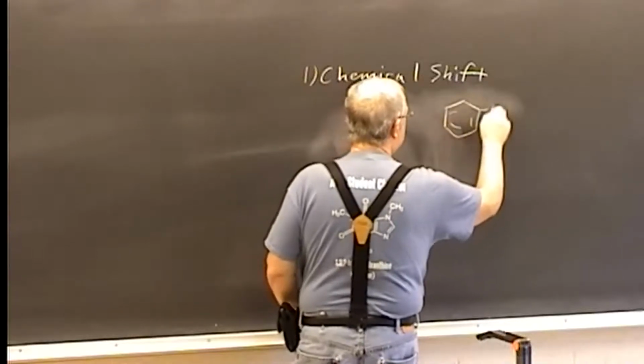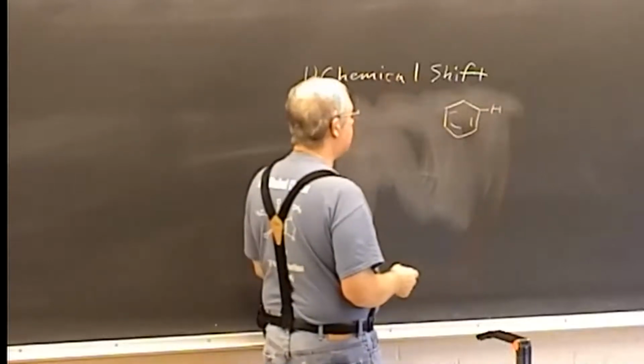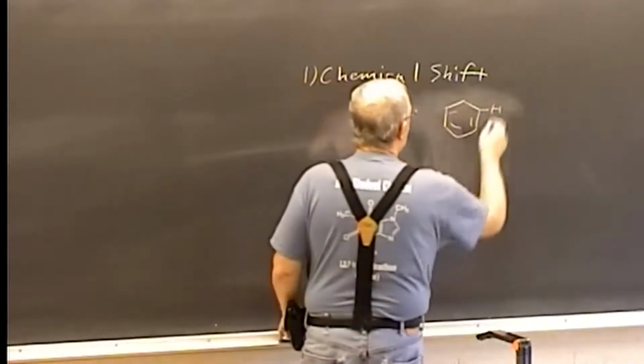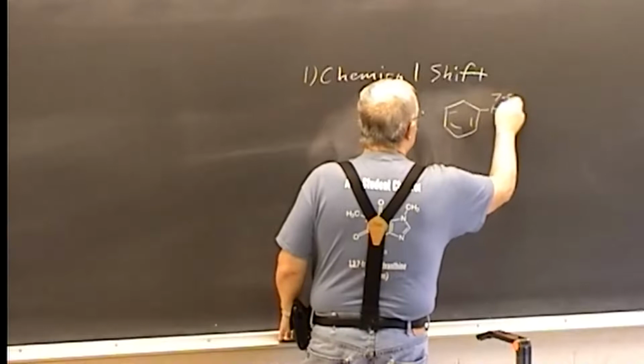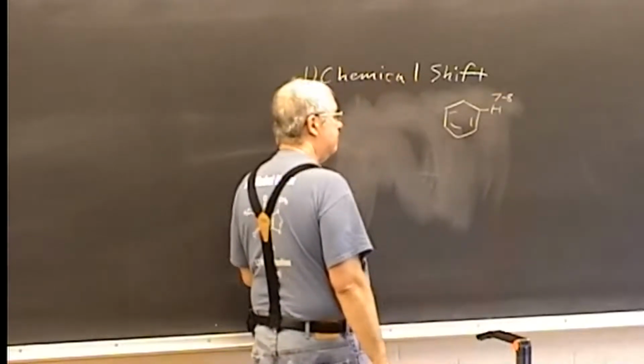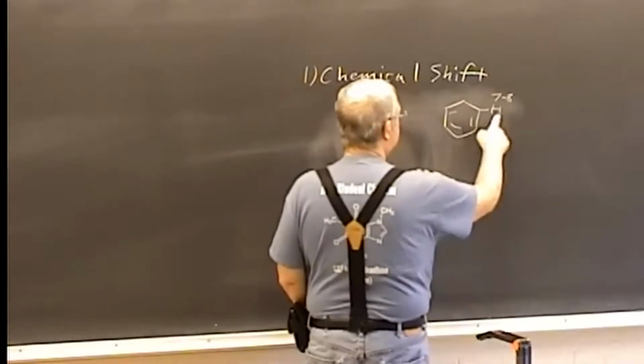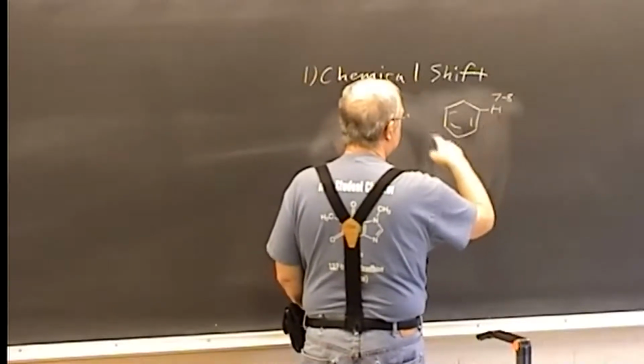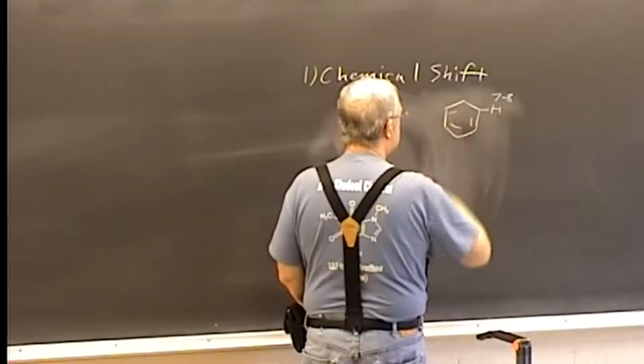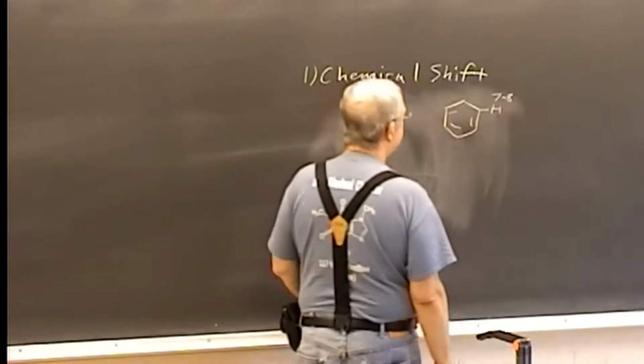If we have aromatic hydrogens on a benzene ring, these will show up at about 7 to 8. The chemical shift of the particular hydrogens will depend on what other substituents will be on the ring.